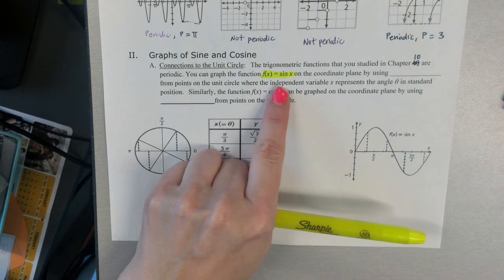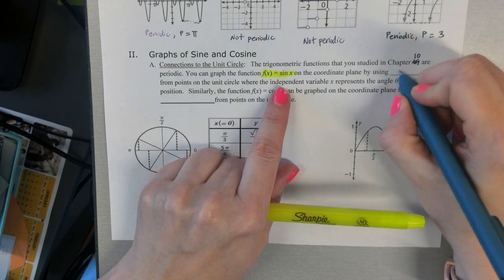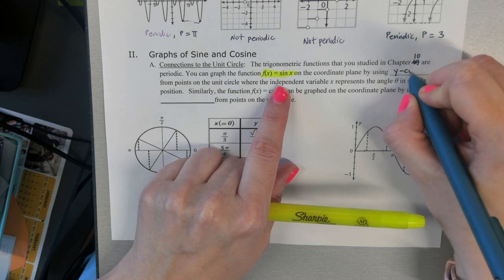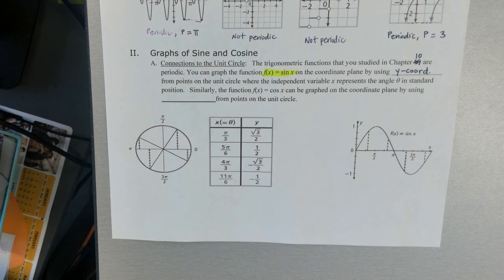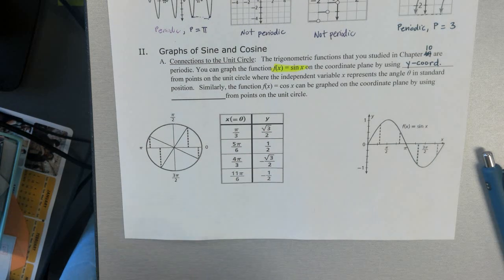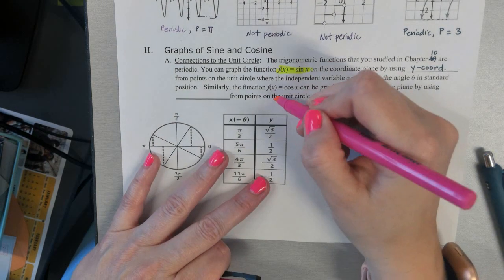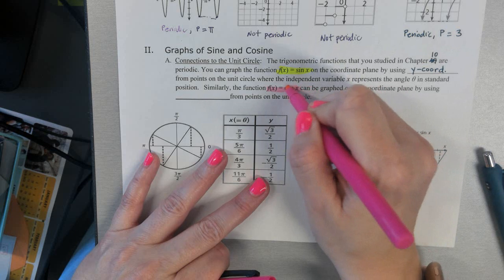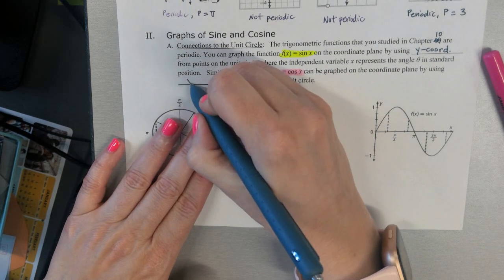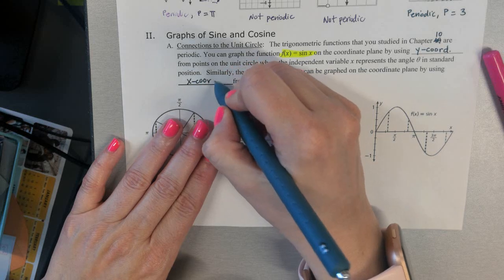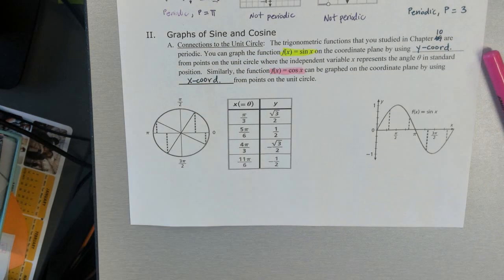Do you guys remember that the sine function on the unit circle corresponds to the y-coordinates? What does the cosine correspond to? Yes. So when we talk about the function cosine of x, that is going to be related to the x coordinates.